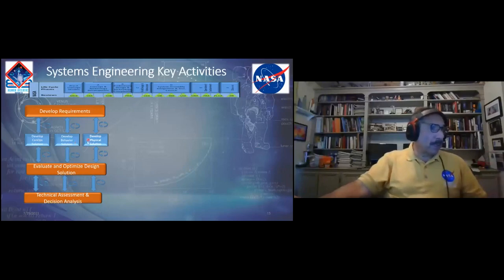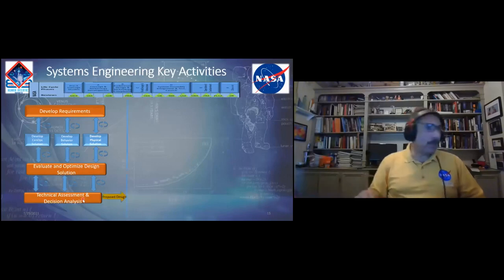And then you're also developing the physical solution. What parts do you need to implement this human interface? You're evaluating all of these options, and that's where you see these arrows, very iterative. And then you do a technical assessment and decision analysis: which system should we use?